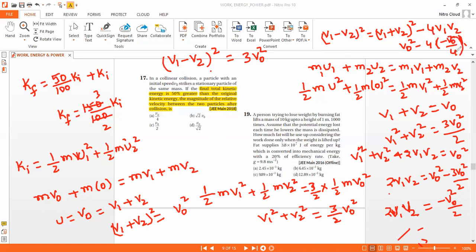So 4 will get cancelled, and we will get 2v0 square. So v1 minus v2 is equal to root 2 v0. Option B.